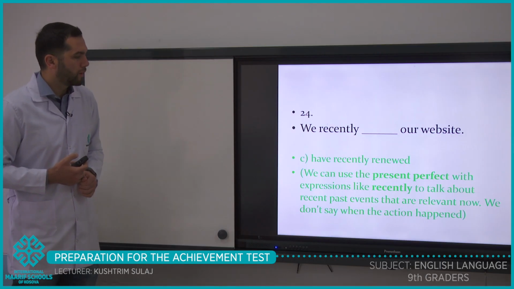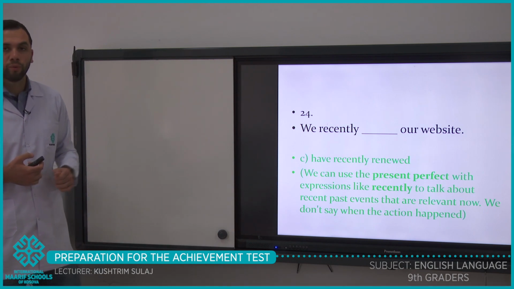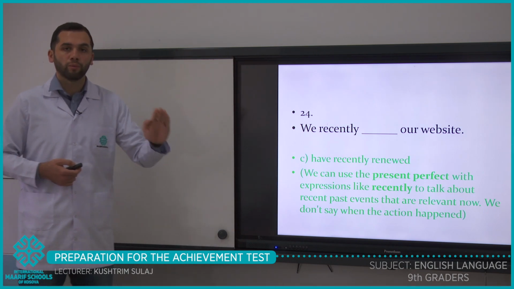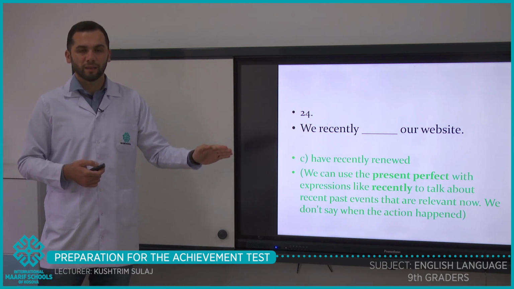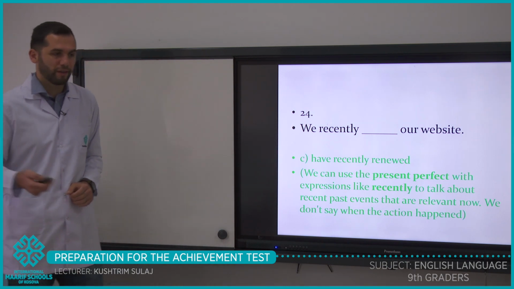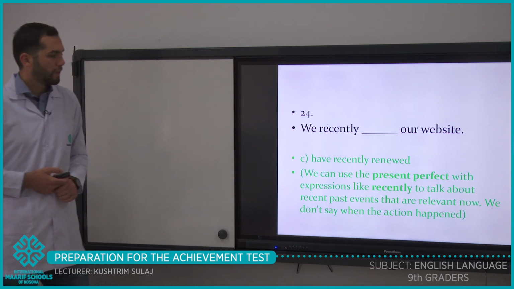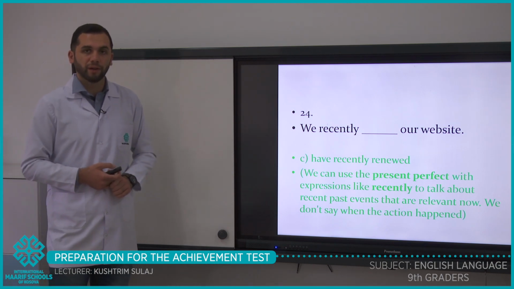We don't say when the action happened. So we're not specifying when we renewed the website, we're just saying recently. Again, recently is an expression that is used in the present perfect.